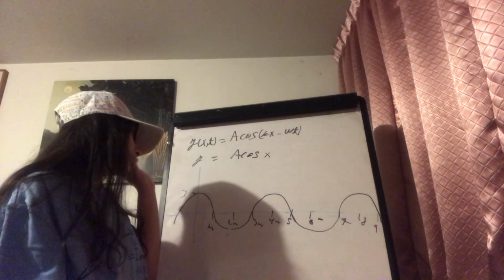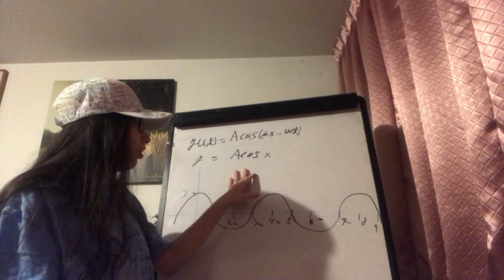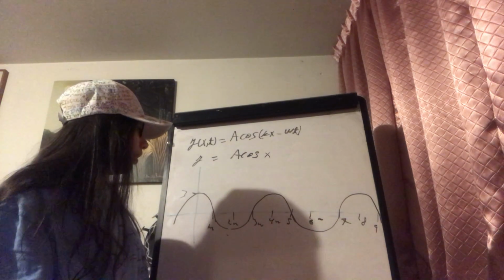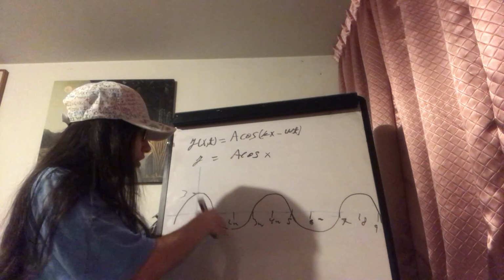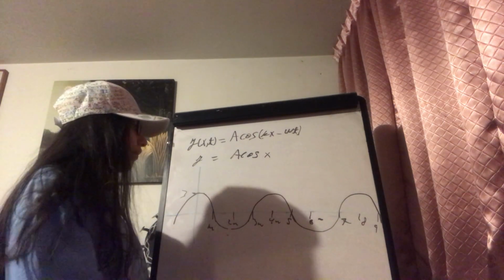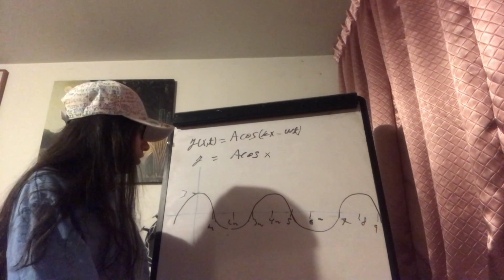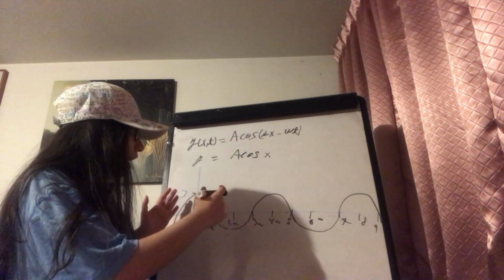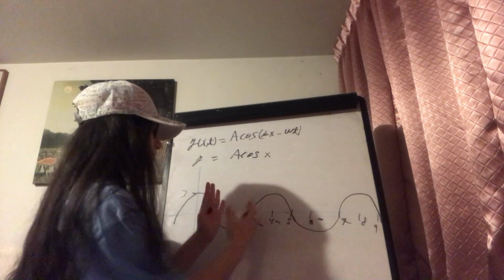So with this, y equals A cosine of x, we have just this equation, or this graphical representation. But I could have the same stuff like a cosine of x, but what happens if I compress this?